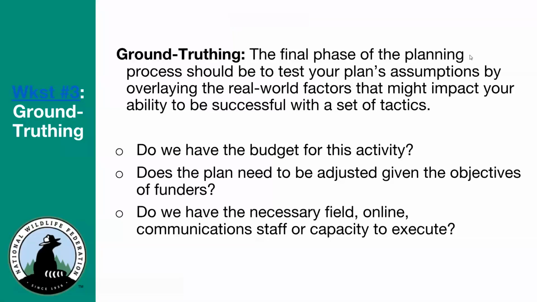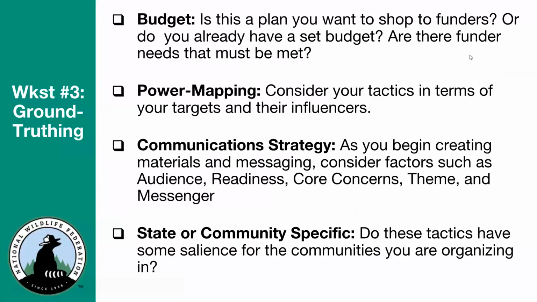So looking at our plan and saying, if we execute this, are we going to satisfy any existing grants that we have to do this work? That's important. And do we have the necessary staffing and capacity to actually execute all of these big ideas? What would we need to do to get there? Those are just some examples of ways in which we ground truth.